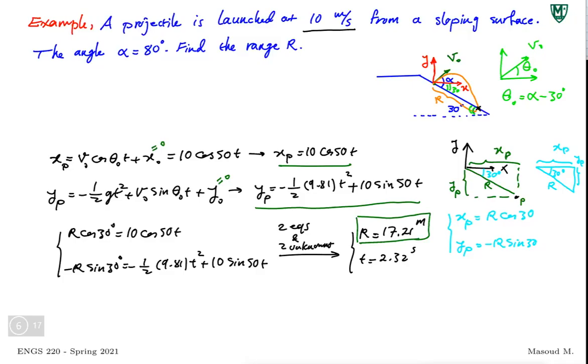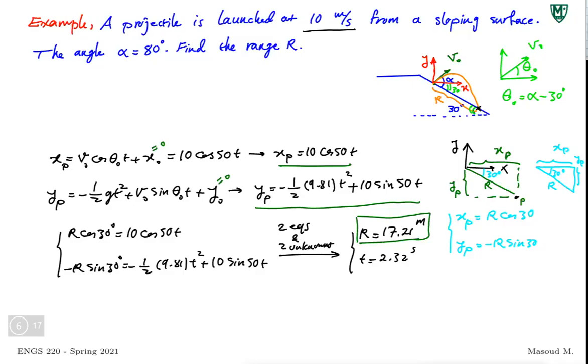The other way of solving these problems is, instead of using Cartesian coordinates to follow the motion, we can use a coordinate that is along the path of the motion. We're talking about the curvilinear path.